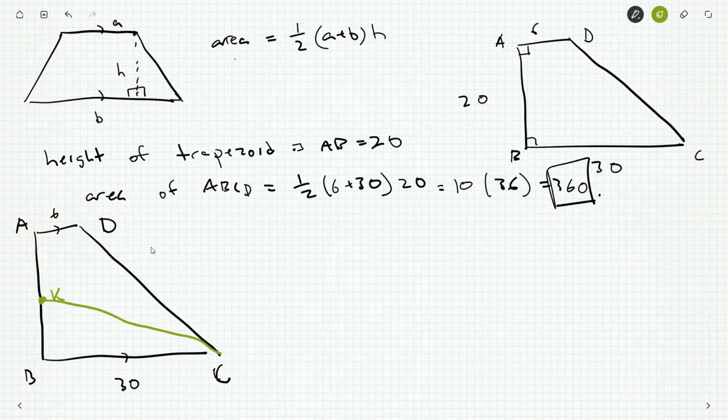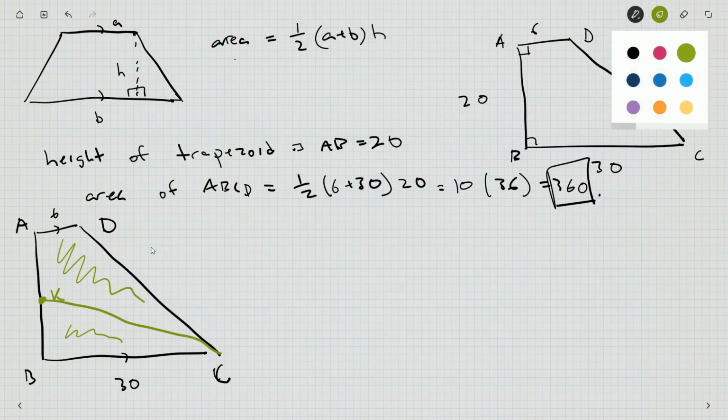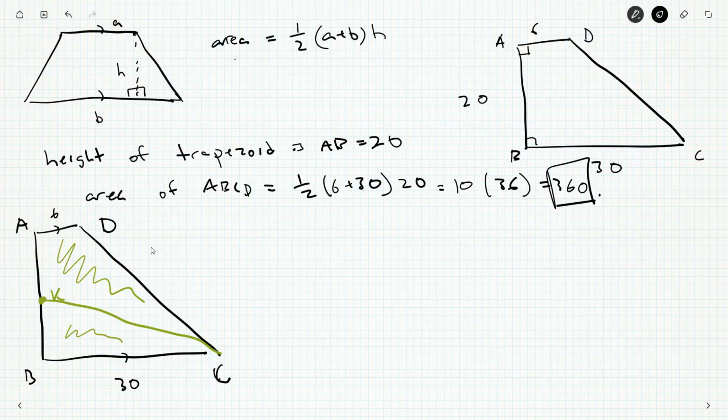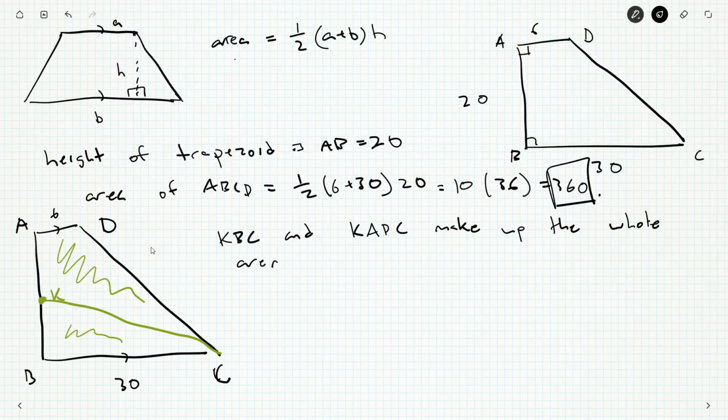And so we've got the remaining quadrilateral KADC, that's this half, and then we've got KBC, which is this part. KBC and KADC make up the whole area of ABCD.